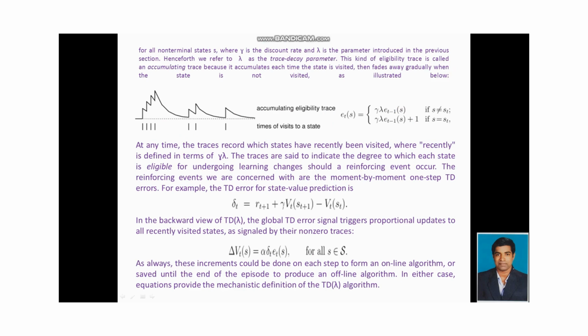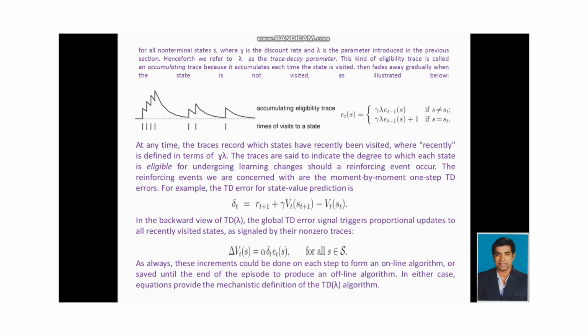When the state is not visited, the response is decaying slowly. Here is the accumulating eligibility trace and the time of visit to a state. Here the eligibility trace ET of S is equal to gamma lambda ET minus 1 of S if S is not equal to St, and gamma lambda ET minus 1 of S plus 1 if S is equal to St.